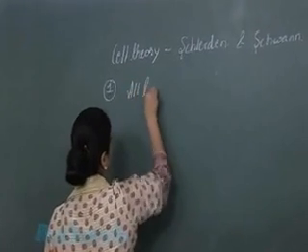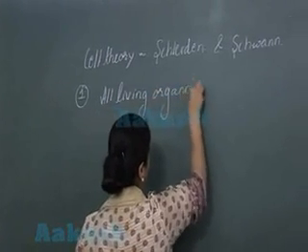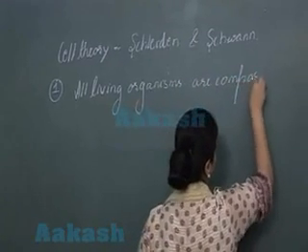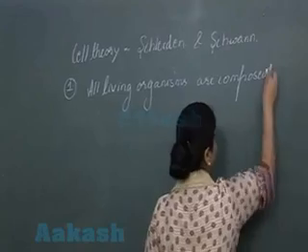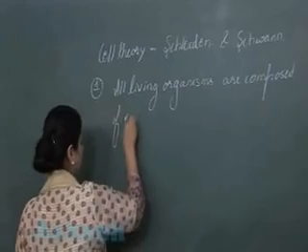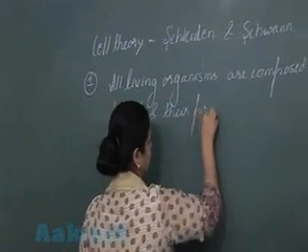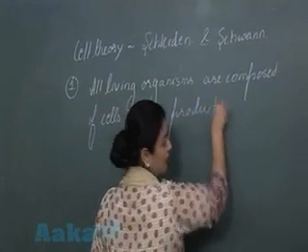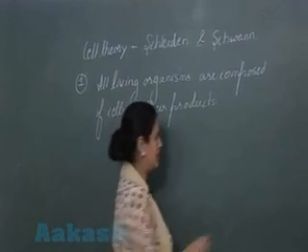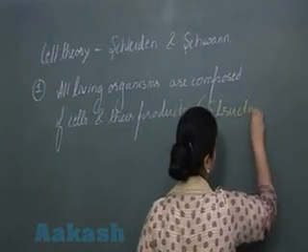So all living organisms are composed of cells and their products. So on this basis, we can easily say that the cell represents structural unit of all living organisms.